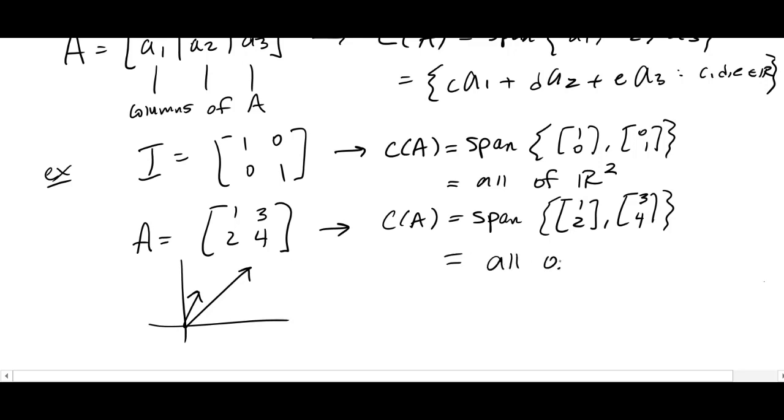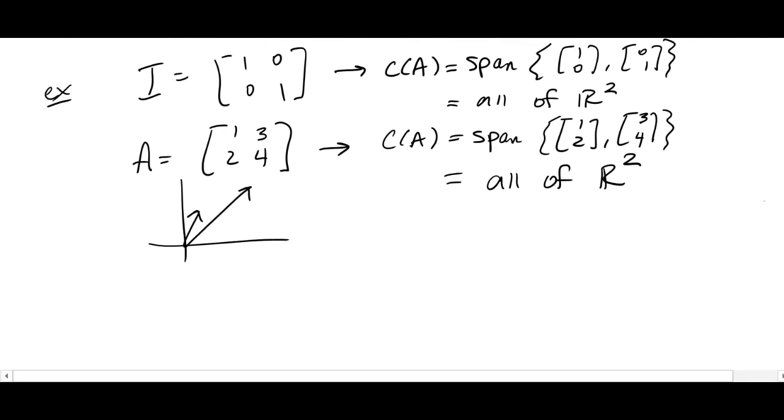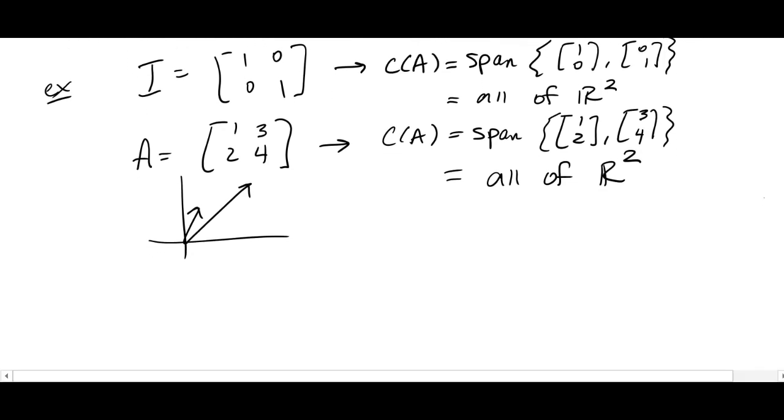So there's a lot of different matrices whose column space gives you all of R2. But for example, if A is like what I did earlier, with columns (1, 1) and (2, 2), the column space of A is the span of these two vectors.